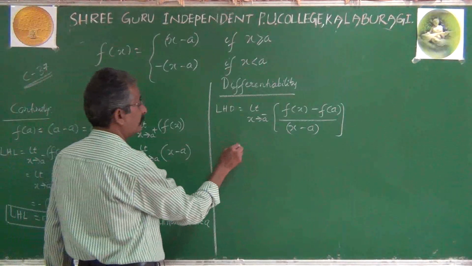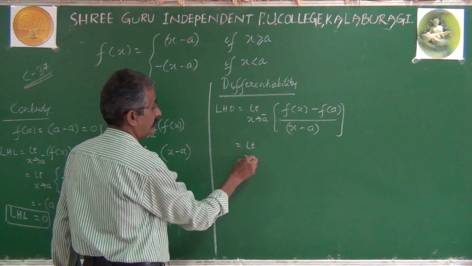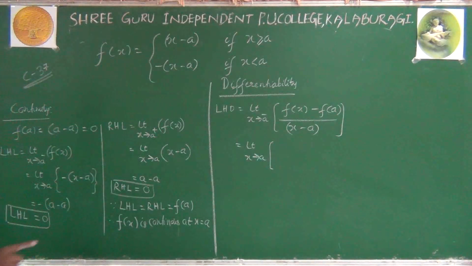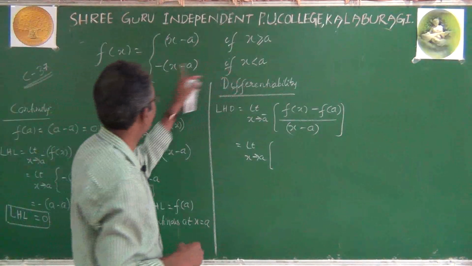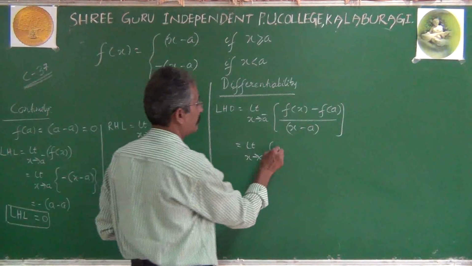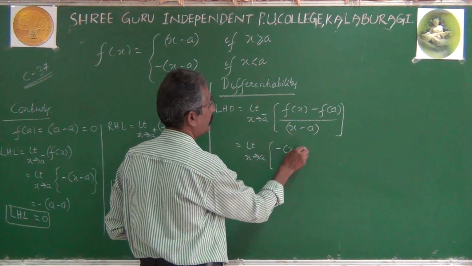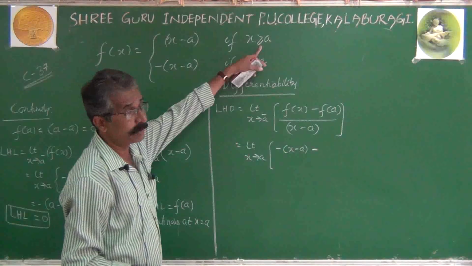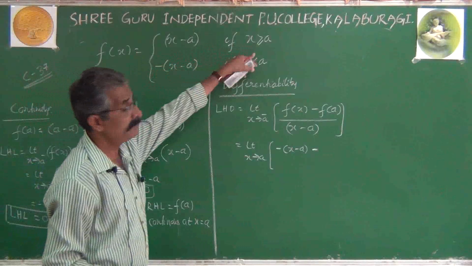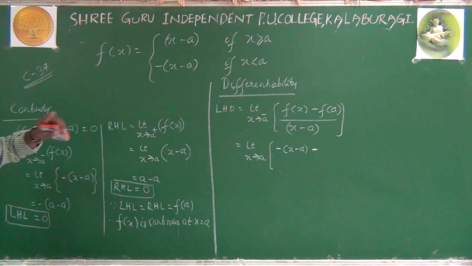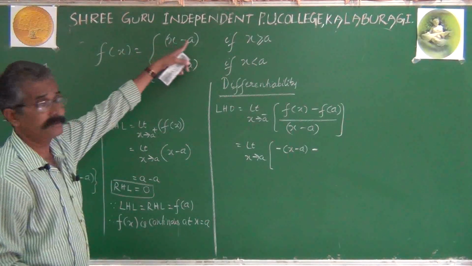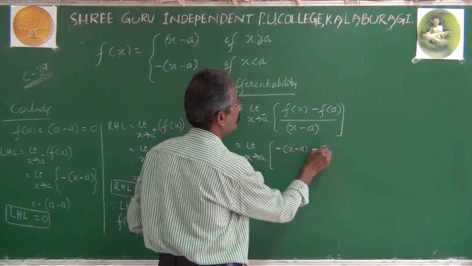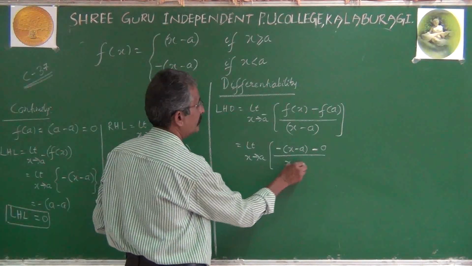What's the meaning of a minus? Less than a. When x is less than a, function is minus of (x minus a). Here you can note down the f of a value. f of a means f of x when x equal to a. When x is a, function is x minus a, what will become? a minus a, that is 0, divided by x minus a.